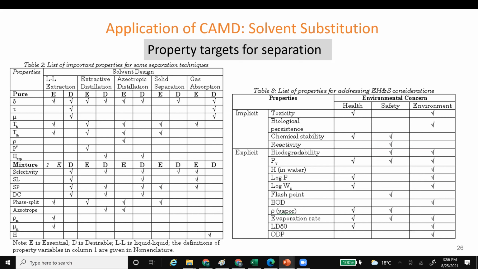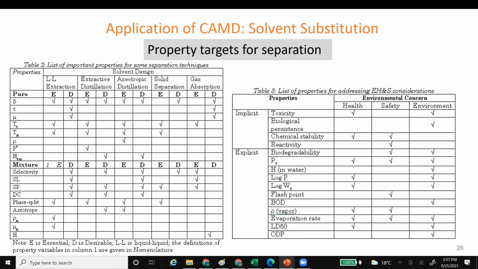The first table on the left says what is the essential property and desirable property. The essential property must be satisfied, because if we are looking for a solvent for liquid-liquid extraction, the solvent must be able to split into two phases. And the solvent must be liquid, the solvent must have a high solubility of the solute, and so on.